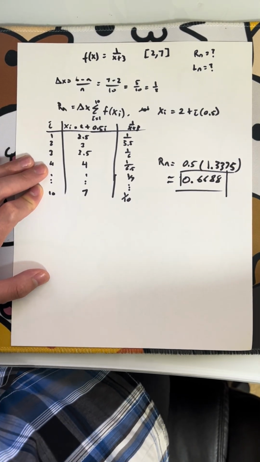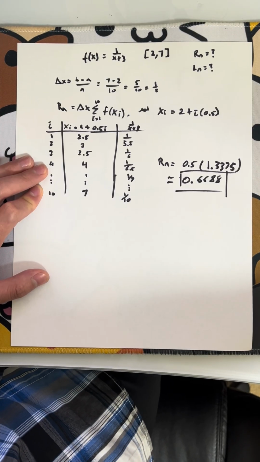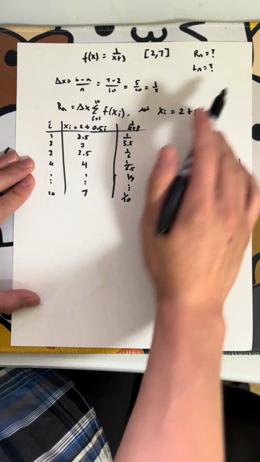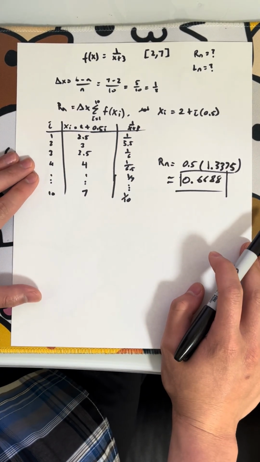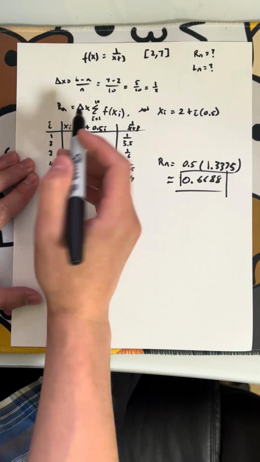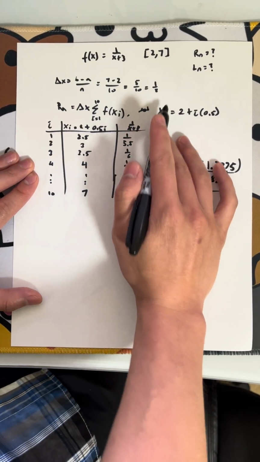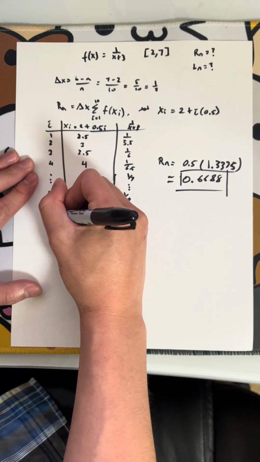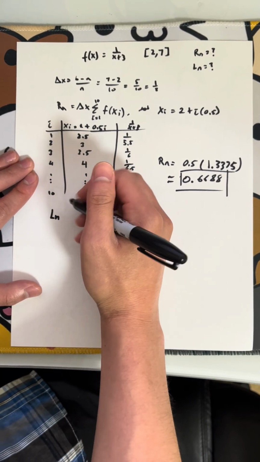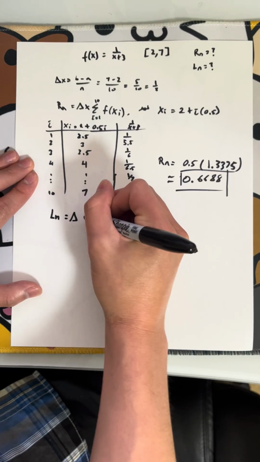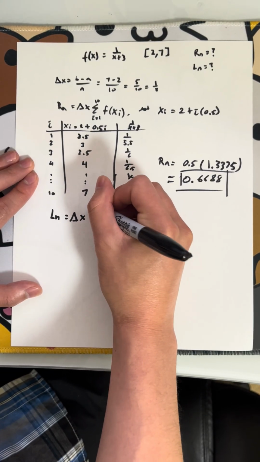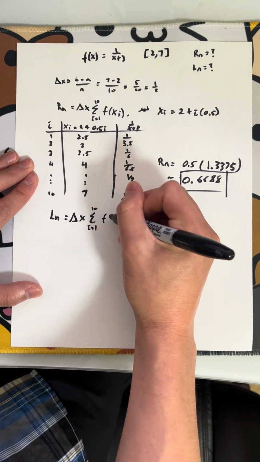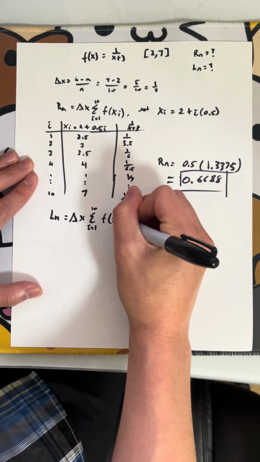Now, since we got half of the problem solved, we want to solve for the left endpoint approximation. To do this, you do pretty much the exact same thing. However, our sample point equation will be very slightly different. The left endpoint approximation equals delta x times the sum from i equals 1 to 10 of f of x i.